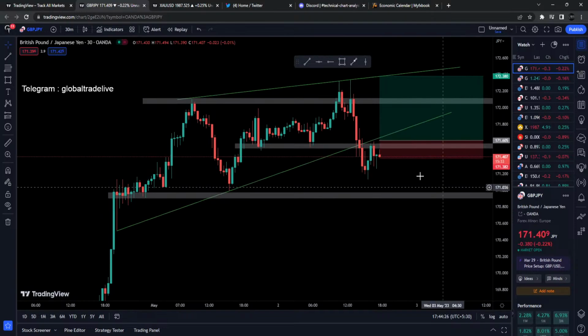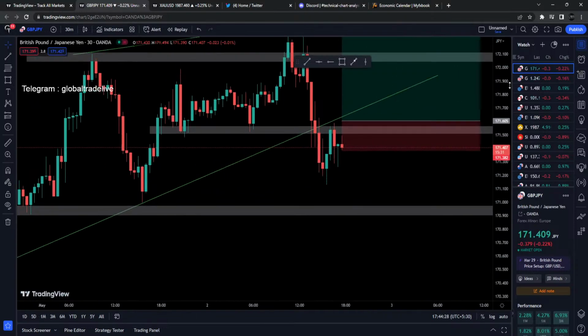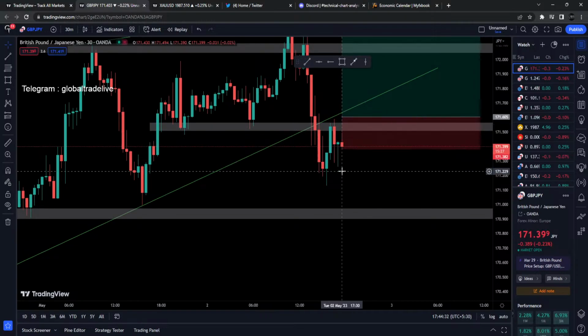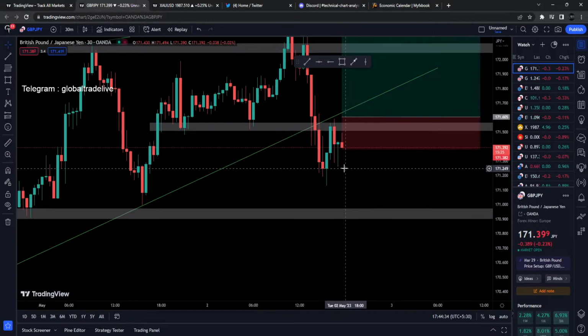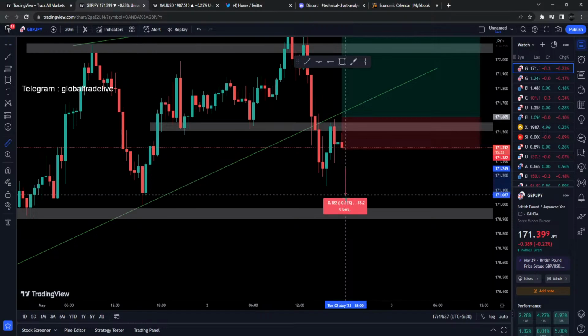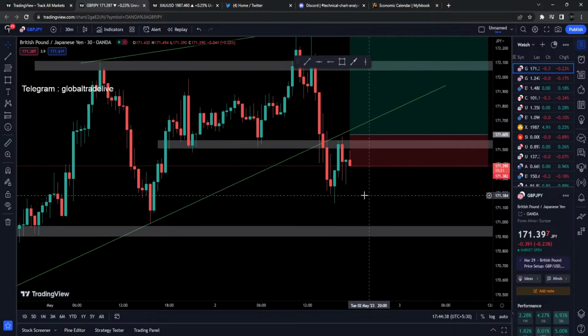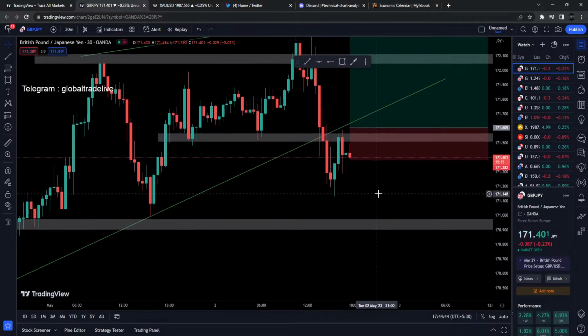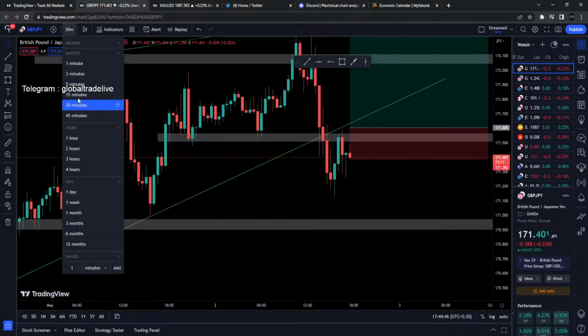In 30 minutes, that means we are going to create a resistance over here which will be lower than this one, and the chances of going down will be high because it has done the retracement, and now this is a volume time, so we can expect some downward push.